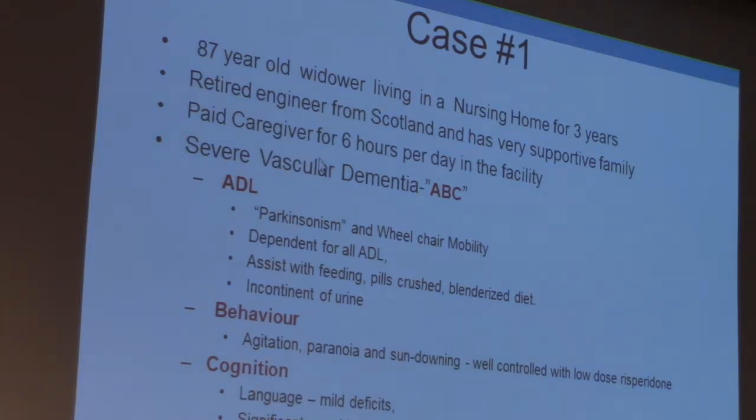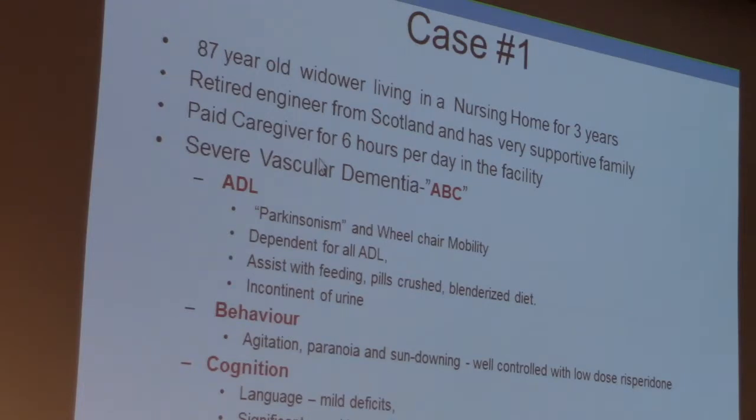When you think about assessing dementia, he had vascular dementia. And I always like to think of dementia as assessing the ABCs. So A would be ADL. This fellow had Parkinsonism. Alex talked about that there's a spectrum of Parkinson's disease.